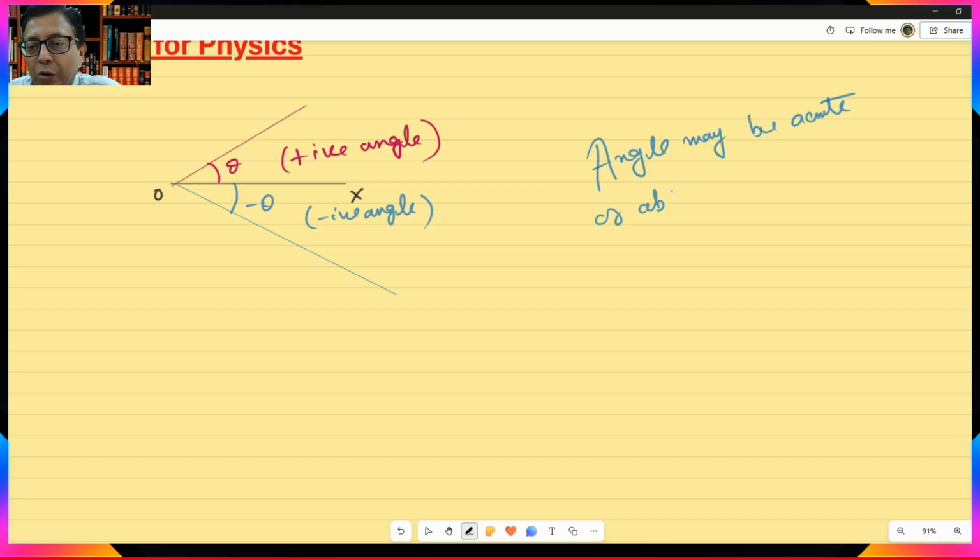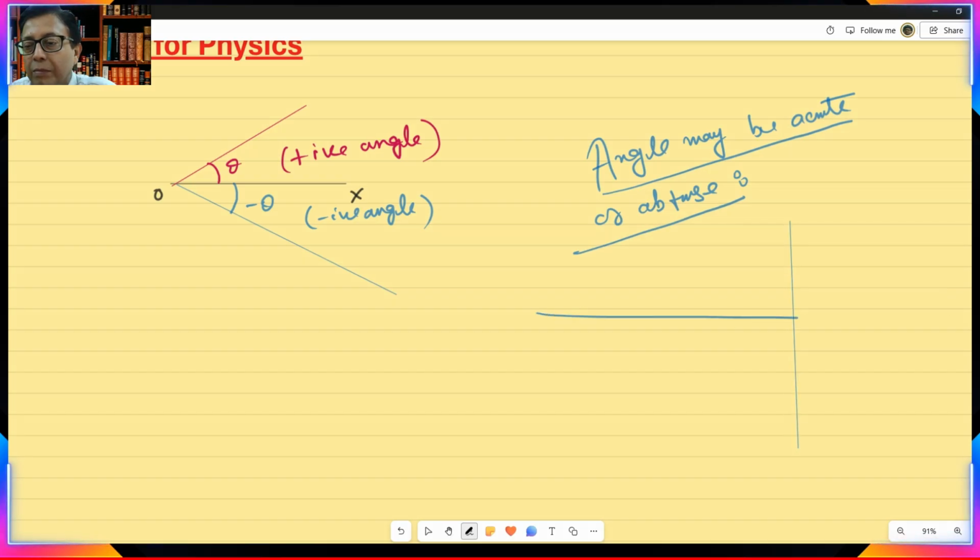What is that? Acute angle means the angle will be lying in the first quadrant. This is called first quadrant. Quadrant 1.